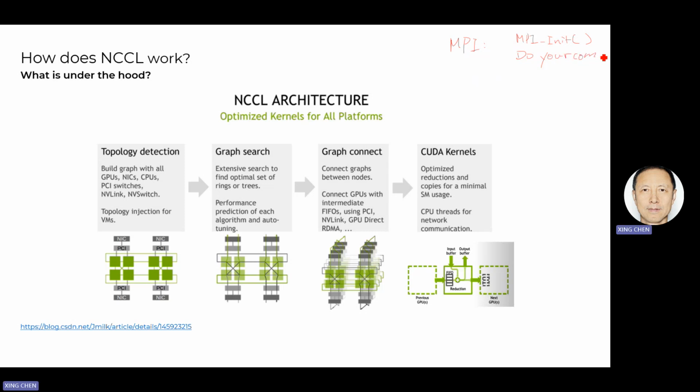And then at the end, you need to call this MPI finalization, meaning you need to destroy the communication structure. These are the three main steps for MPI communication.